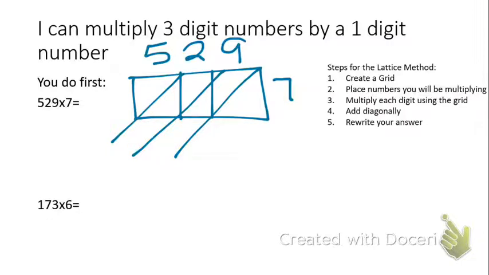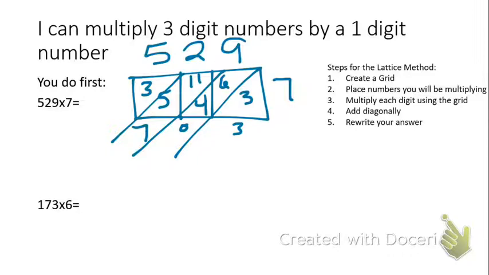Okay, 9 times 7 is 63. 2 times 7 is 14. 5 times 7 is 35. Then I'm going to start adding. 3, 6 plus 4 is 10. 1 plus 1 is 2. 5 plus 2 is 7.